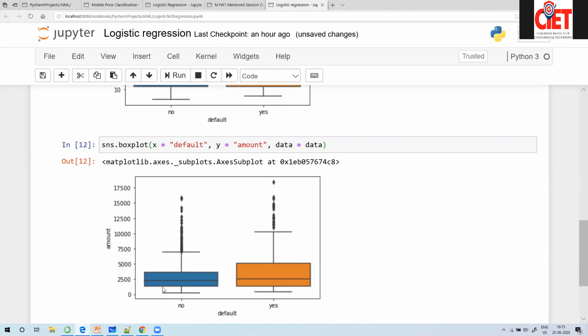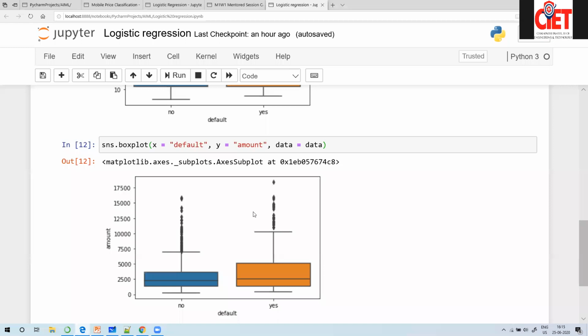Now look at the median of loan amount for non-defaulters. It's just below 2,500, and the median for defaulters is also more or less the same, not much difference. And you see after the boxes, after the whiskers, some dots. So that means there are some extreme observations in the data.